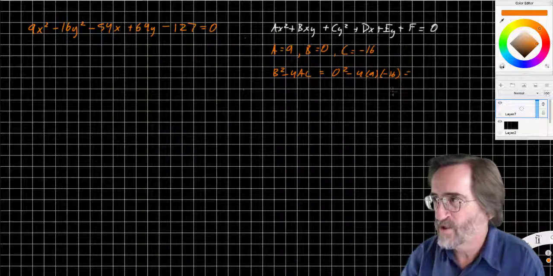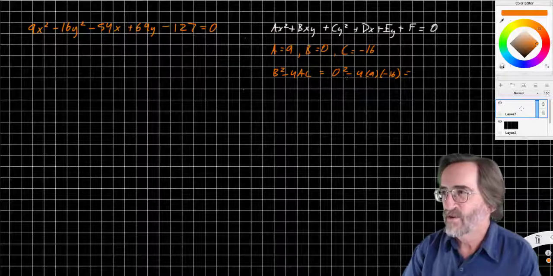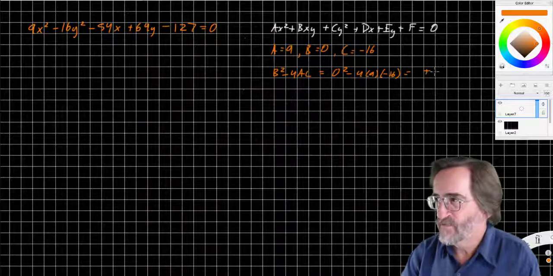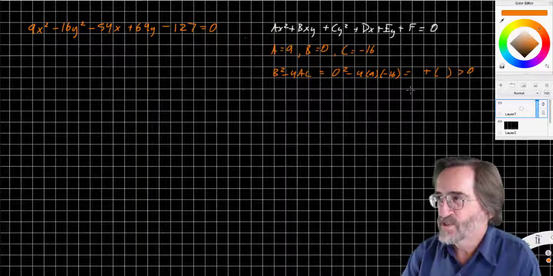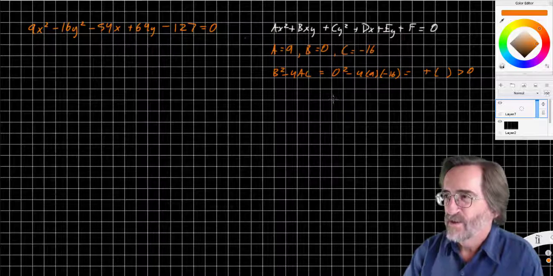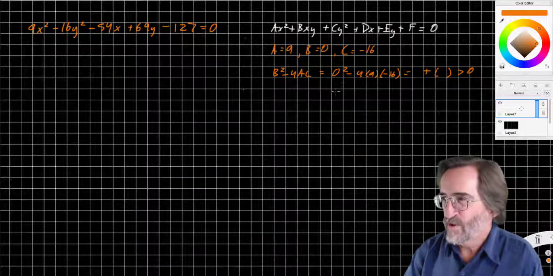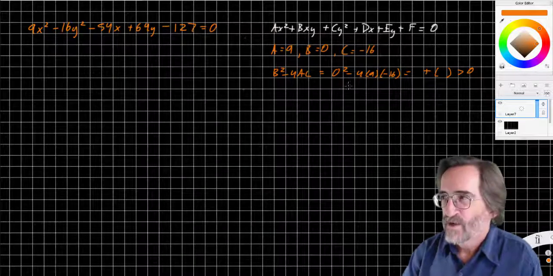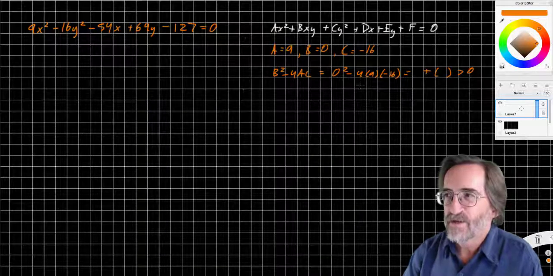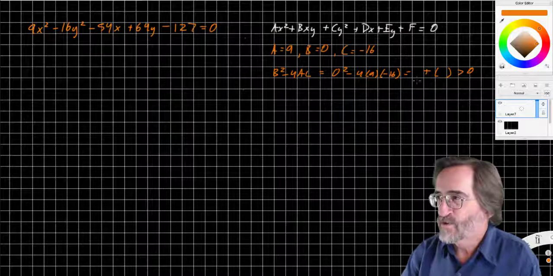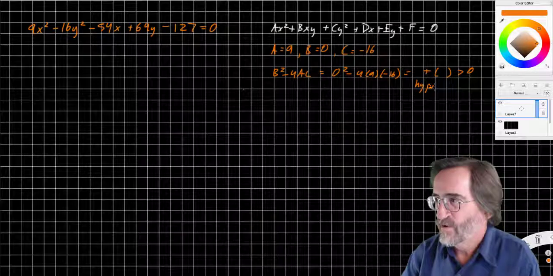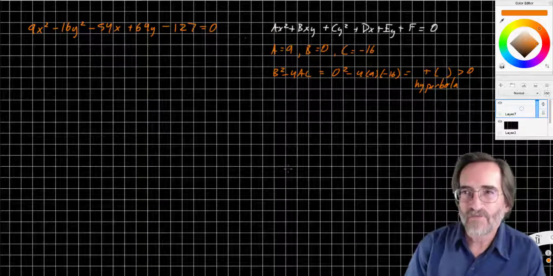Doesn't really matter what it is here, but a negative times a negative is a positive large number. Since it's greater than 0, we know this is not a parabola, because that would be equal to 0. It's not less than 0, so it's not an ellipse or a circle. It's greater than 0, that makes it a hyperbola. So we know it's a hyperbola.